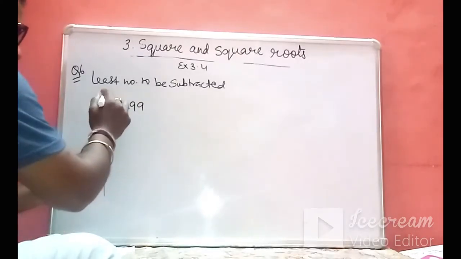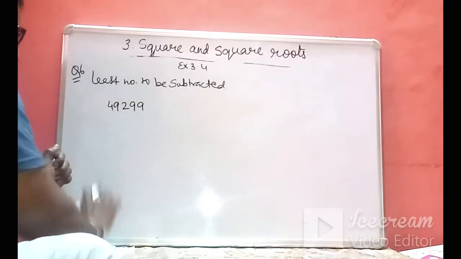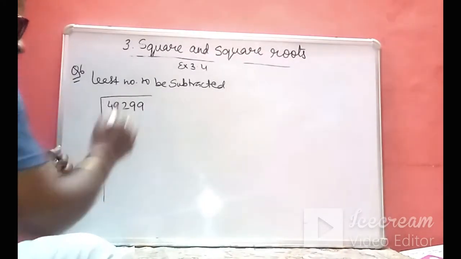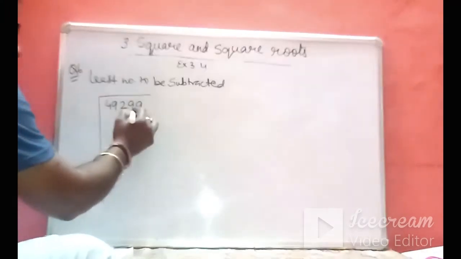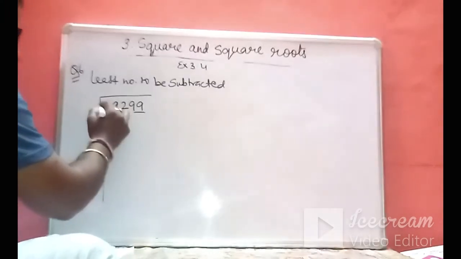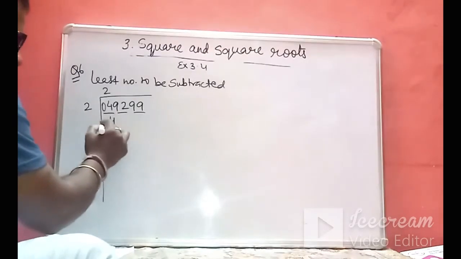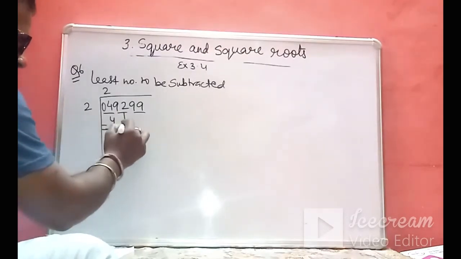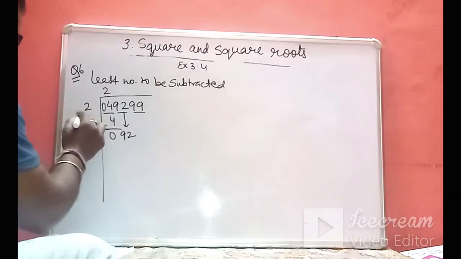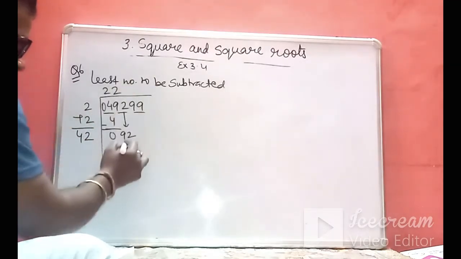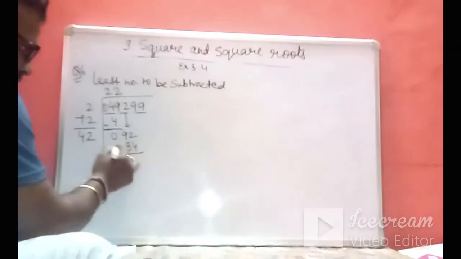Okay, so we already have done many questions of long division now, and you must have practiced also. So one pair, two pair, and here I will add a 0. So 2 into 2 is 4, subtract, it will be 0, 92 plus 2 and 4, then it becomes 84.